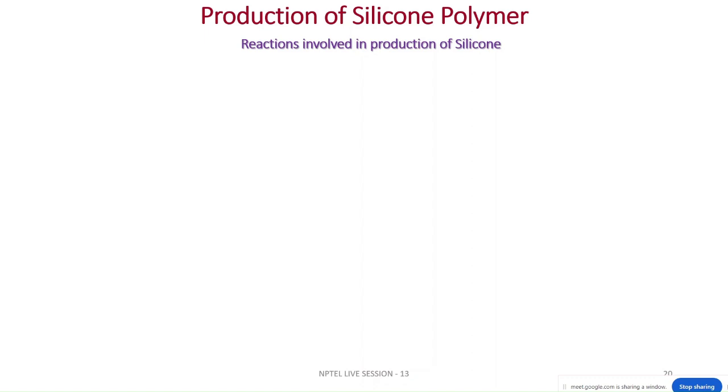Next one, we will discuss the reactions which are involved in the production of silicone. Mostly two steps are there. One is hydrolysis, and the next one is the condensation process.